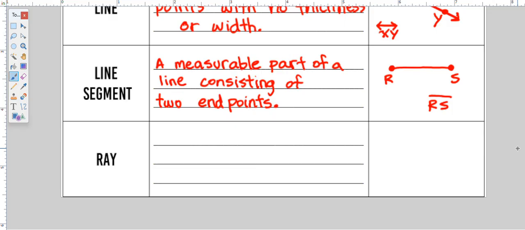And then we have a ray. A ray is a line that extends indefinitely in one direction.